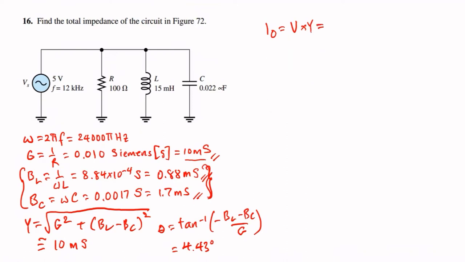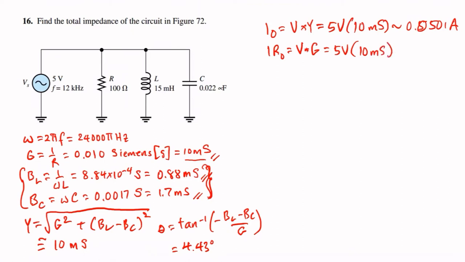This will then be equal to 5 volts times 10 millisiemens, which is approximately 0.0501 amperes. For the resistance, this is equal to V times G, 5 volts times 10 millisiemens, which is approximately again 0.0500 amperes. So it's just a very small difference.